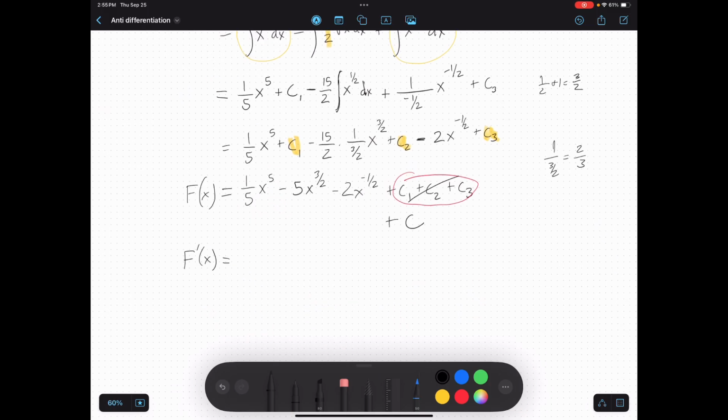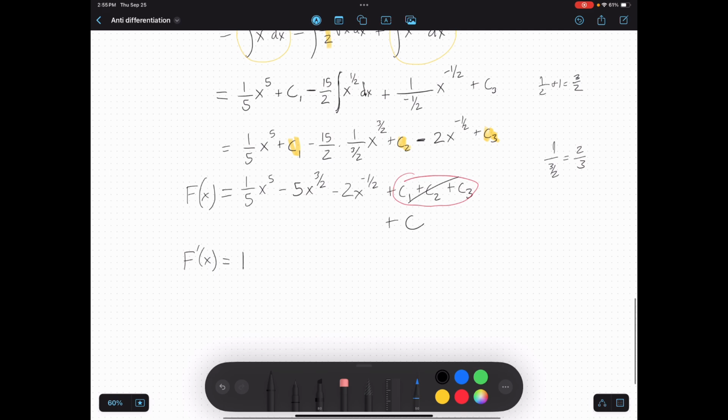My derivative of 1/5 x to the 5th, I'm going to get 1/5 times 5, which is just 1. x, I'll subtract 1 from the exponent, and I get 1x to the 4th. Minus my next term, I'm going to bring down the 3/2, and I'll do 5 times 3/2 x to the 1/2. I subtract 1 from the exponent. And then my last term, I get minus 2 times negative 1/2 x, and then I subtract 1 from the exponent, giving me negative 3 halves.